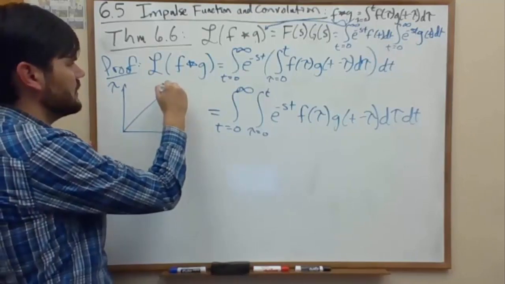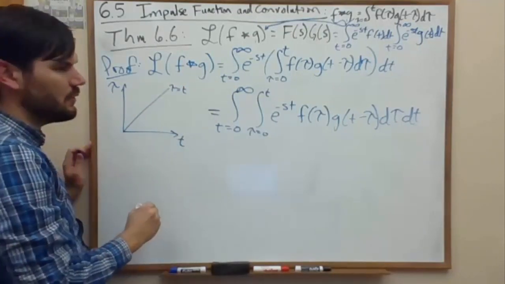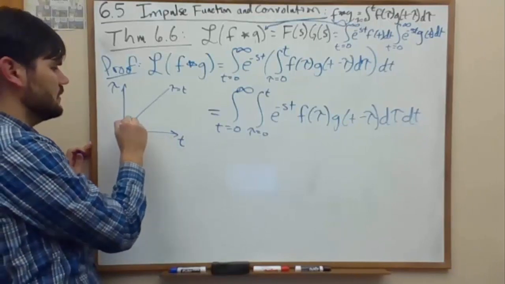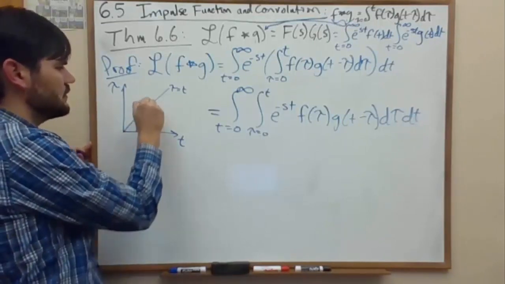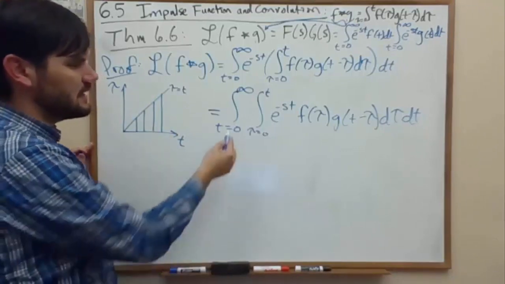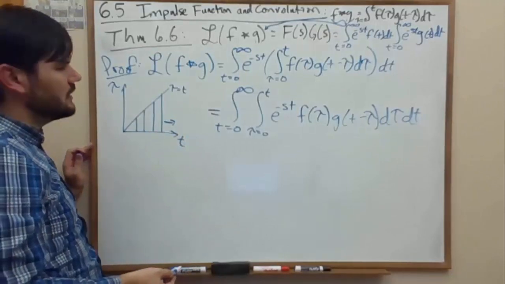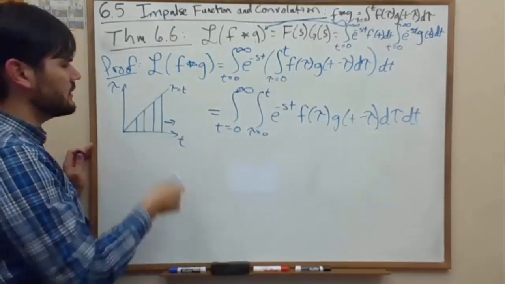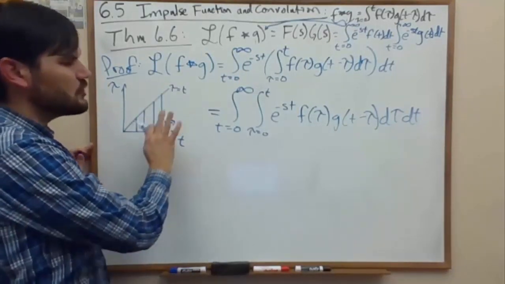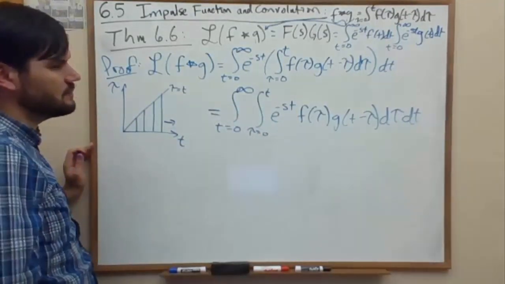And that means that we're cutting along the line tau equals t and going from 0 on up to t. So we have these vertical slices, and then t goes from 0 on all the way to infinity. So the region we're integrating over is this lower triangular piece of the first quadrant, but it's infinite in area.